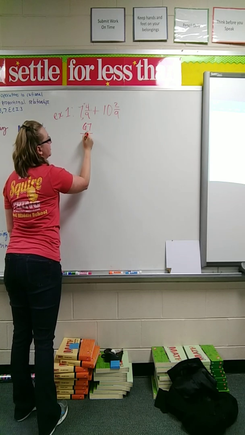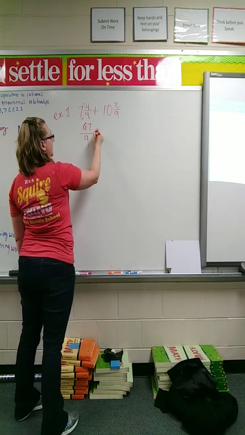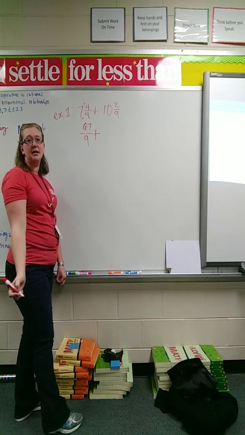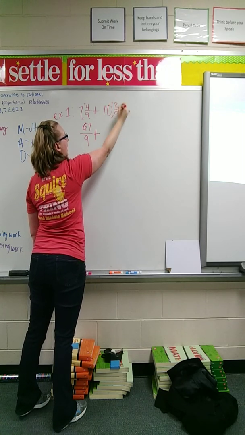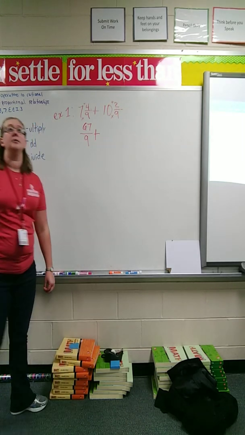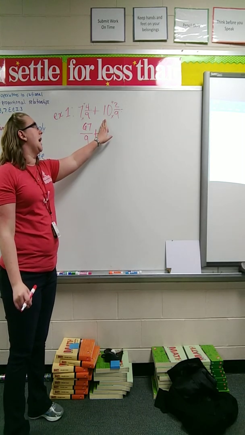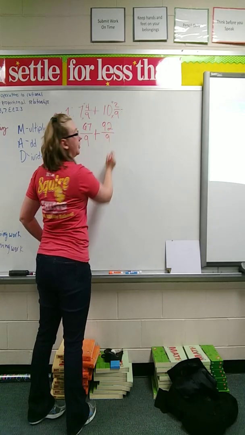And I show that I'm still going to divide that by 9. I'm going to add to that 10 2/9 as an improper fraction by getting MAD, saying that I multiply, then I add, then I divide. 9 times 10 is 90, plus 2 is 92 over 9.